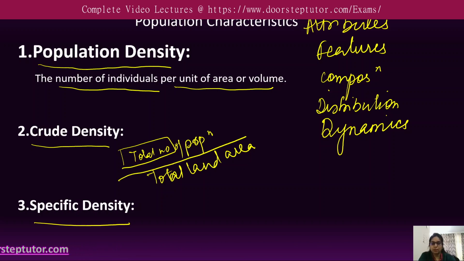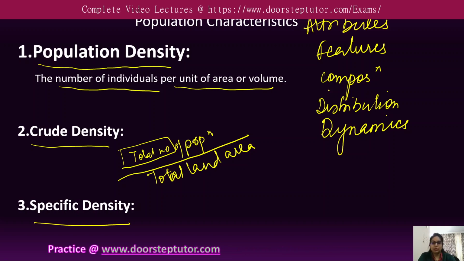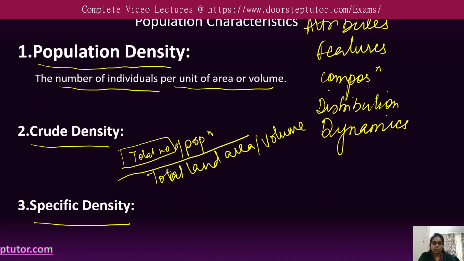So the formula is: crude density equals total population divided by total land area, or sometimes, when it is in water, the volume of that area.